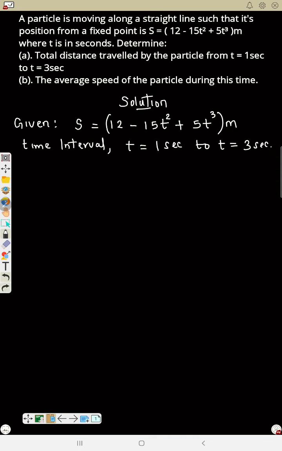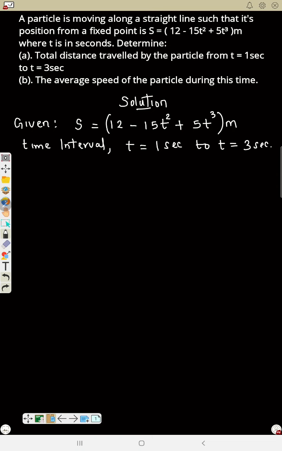But because we usually put the first value, put the second value and subtract, this always works fine for displacement, because displacement is the shortest distance between the final position and initial position. If you subtract the initial position from the final position, you will get displacement. Because of that, people still mix this with distance, and distance is not like that.